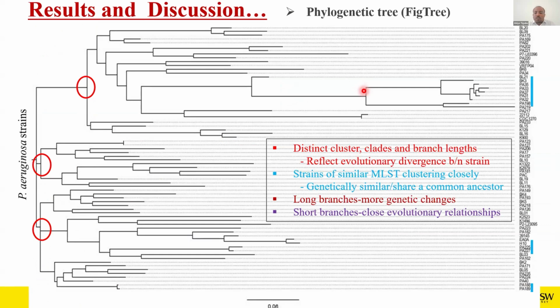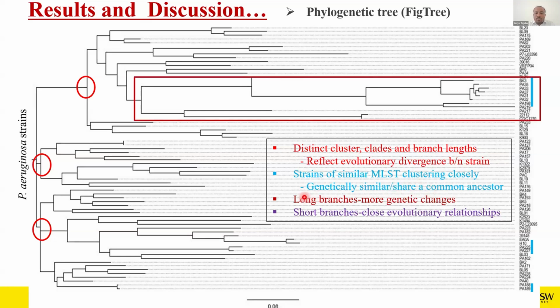Strains with similar multilocus sequence types are clustered closely, which suggests they are genetically similar or share a common ancestor. We also observed long branches in some strains, which may be due to more genetic changes within those strains, and short branches in some strains, which may share similar evolutionary relationships or be closer to each other.